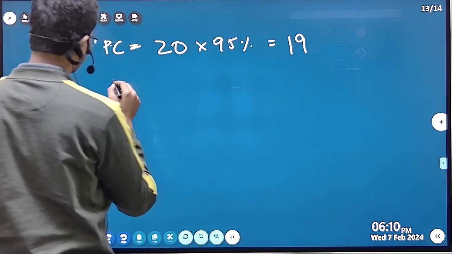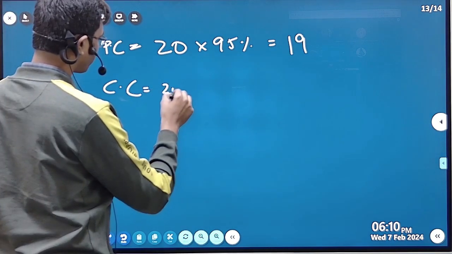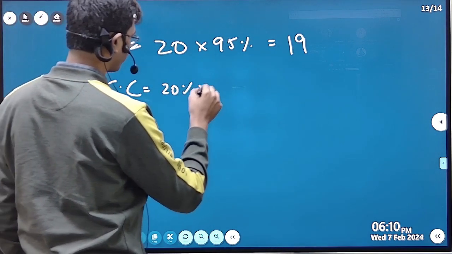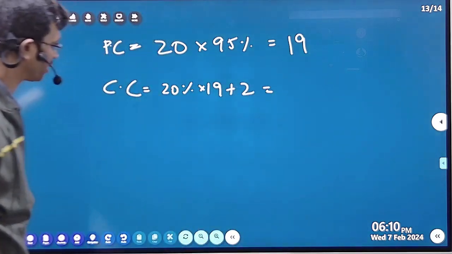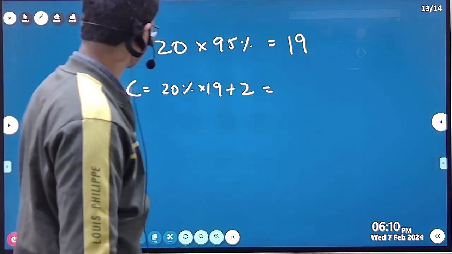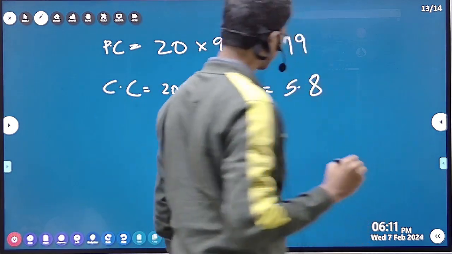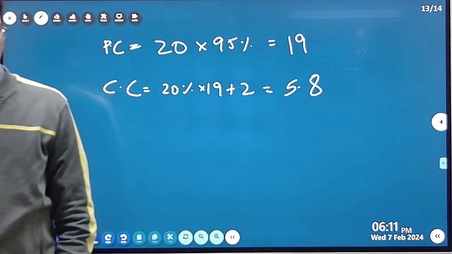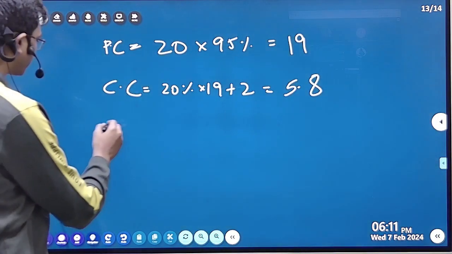So what will be your carrying cost? Will be the same. So it is 20% of 19 plus 2. So instead of 20 it is just 19. Okay. So it is 3.8 plus 2, it is 5.8. So you have 1 rupee reduction in your raw material cost and 20 paisa reduction in your carrying cost. Now at this rate we will calculate the EOQ.